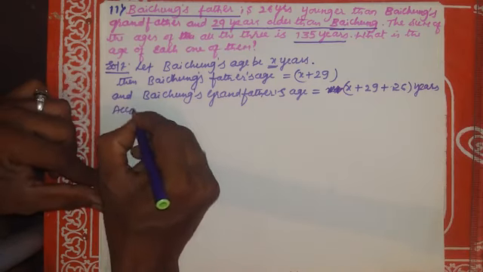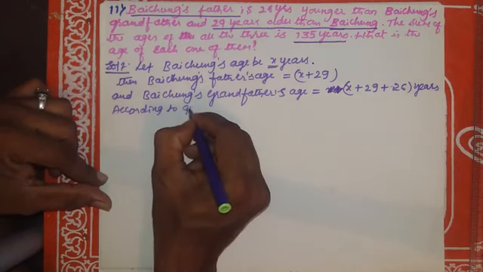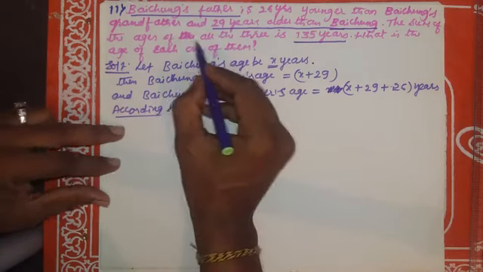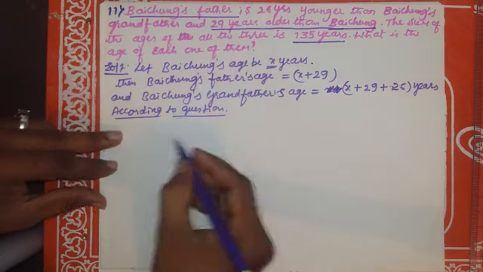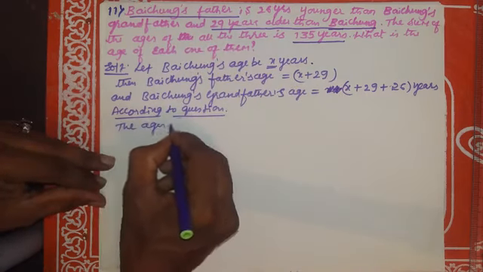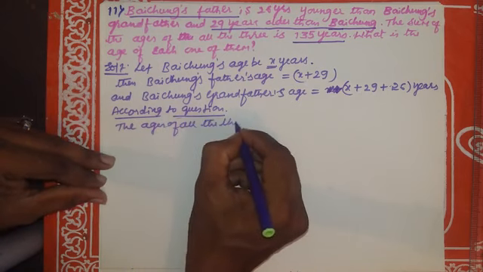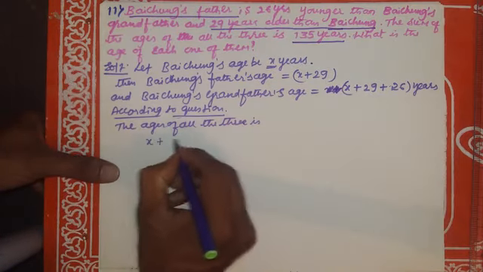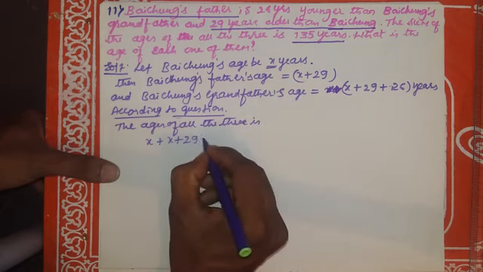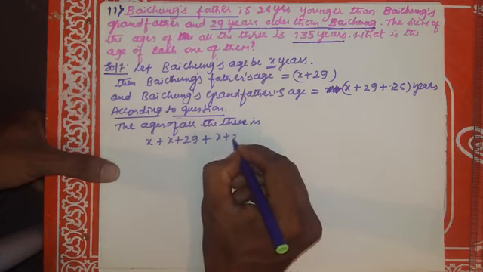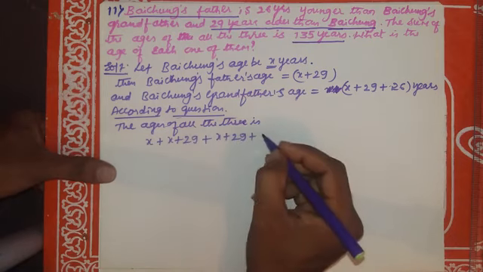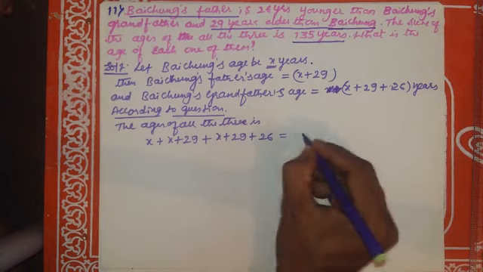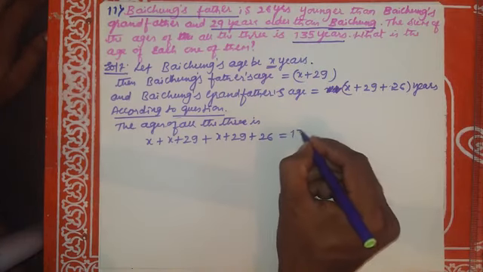According to the question, the sum of the ages of all the three, we should add all those: x plus x plus 29 plus x plus 29 plus 26 is equal to 135 years.